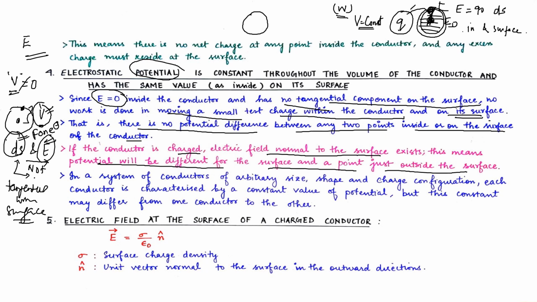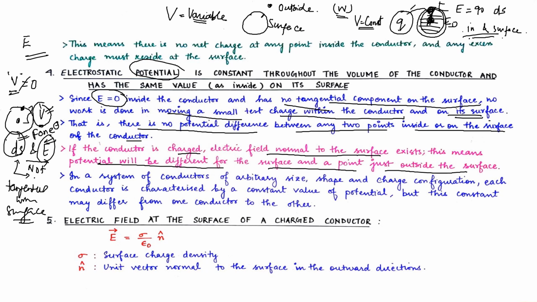Now we will talk about surface and outside. On the surface and inside, V was constant, but on the surface and outside, when these two are compared, V will be variable. It will change. It will have some value at the surface and some other value outside the surface.